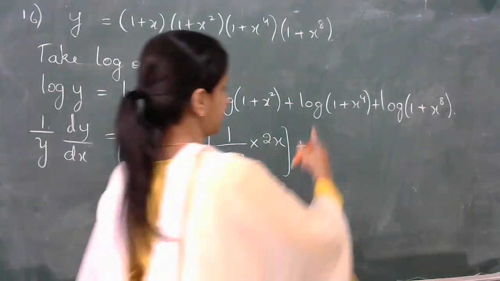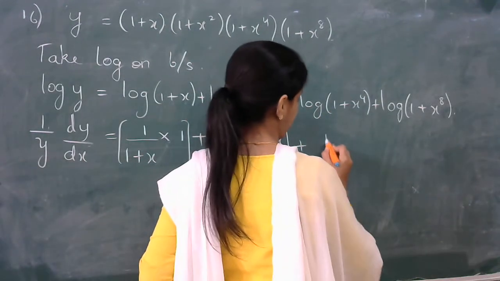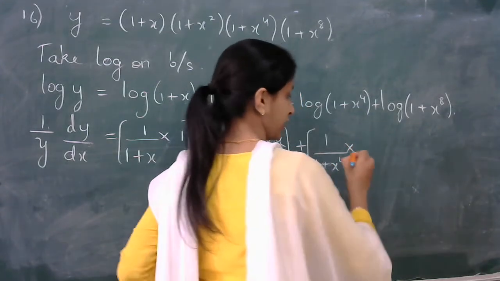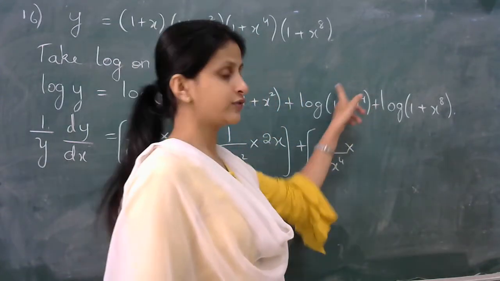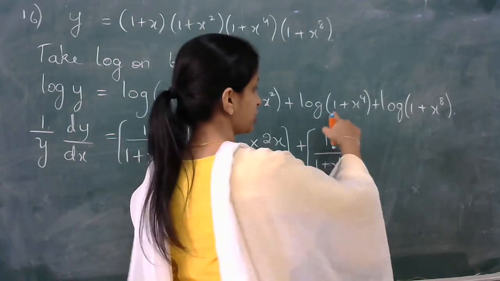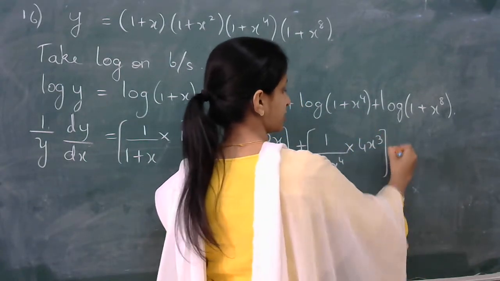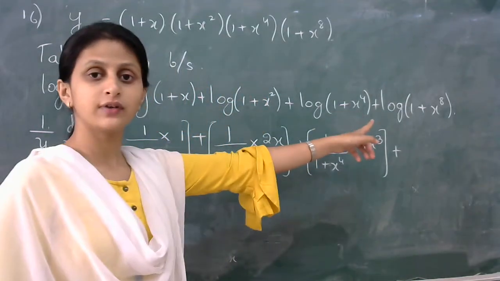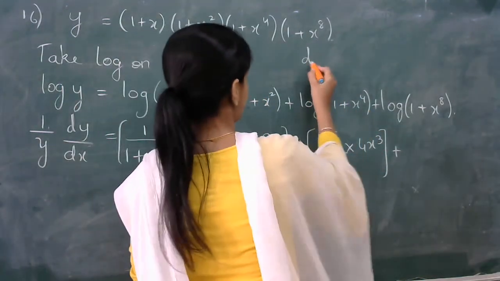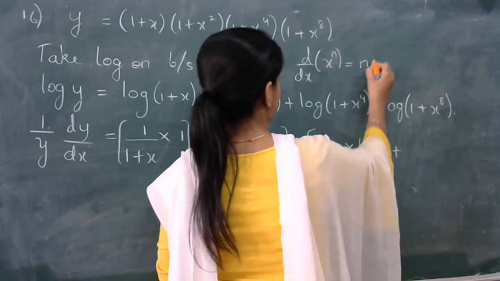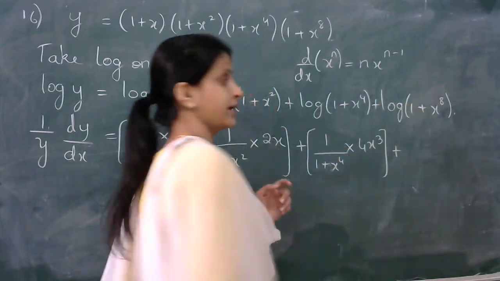Right? Next, the differentiation of log of 1 plus x to the power 4. That would be 1 upon 1 plus x to the power 4 into the differentiation of this bracket term. What you will get? 0 plus 4x cubed. I hope you can do this differentiation, students. Polynomial function differentiation, I told you: d by dx of x to the power n is equal to n x to the power n minus 1.